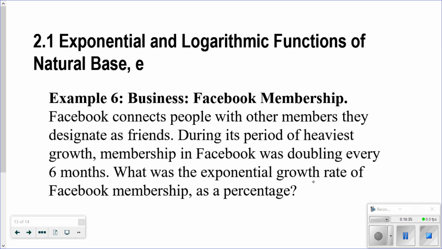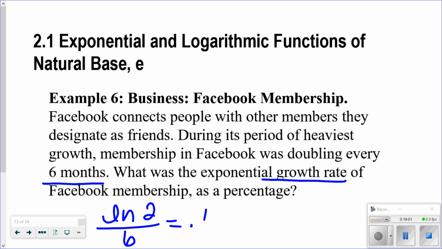Okay, so here we want to find the growth rate. And we know the doubling time is 6 months. So ln 2 divided by 6 months, and that will give us 0.116 or 11.6% per month.